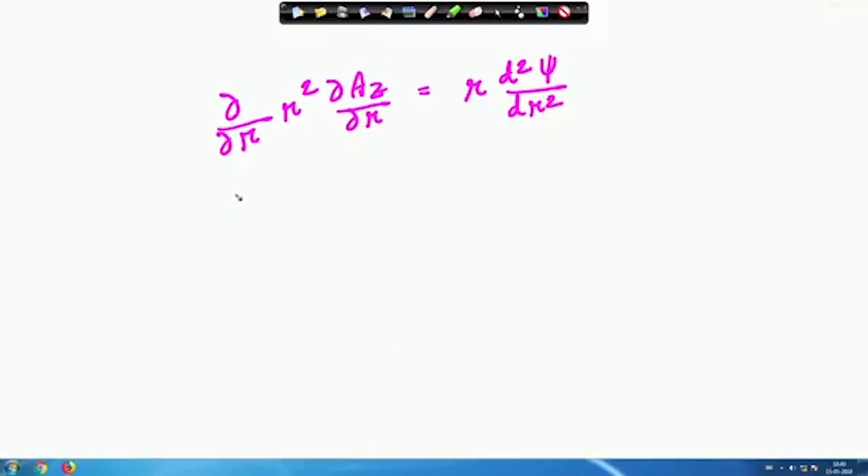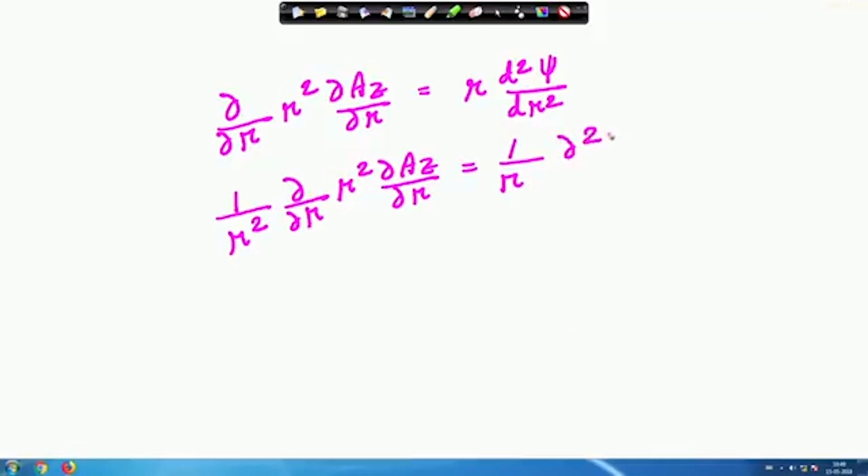So, we can say that 1 by r square del r r square del S del r, that will be 1 by r, sorry, it is d square phi dr square. So, this we have got one part.